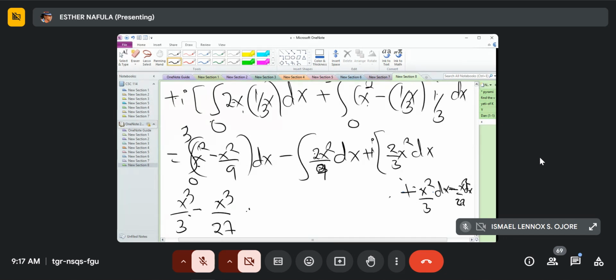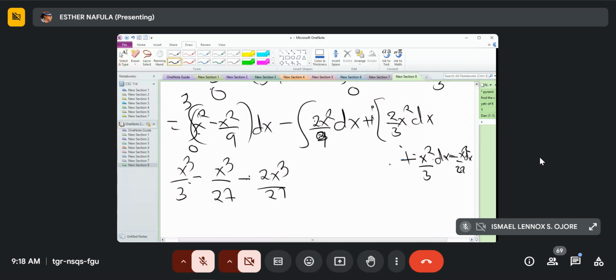You can insert the limits later because everything is running from 0 to 3, minus 2x cubed over 27, plus i into 2x cubed over 9 plus x cubed over 9 minus x cubed divided by 81. 27 by 3.